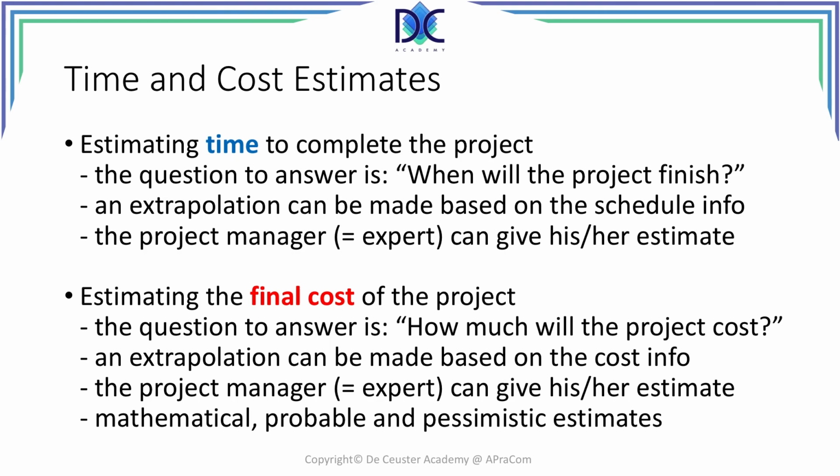How much will the project cost? An extrapolation can be made based on the cost information. Again, the project manager, the expert, can give his or her estimate. There are different estimates we can determine, like the mathematical, the probable, and pessimistic estimates, but that is more a part of earned value management.